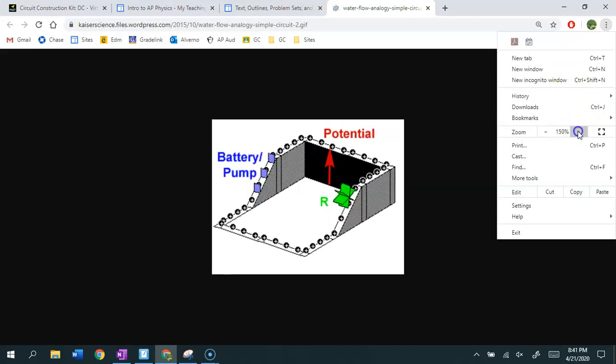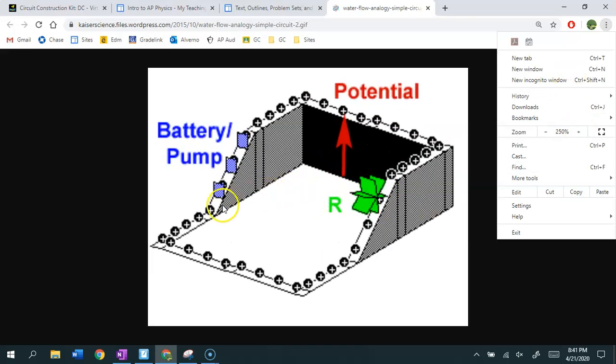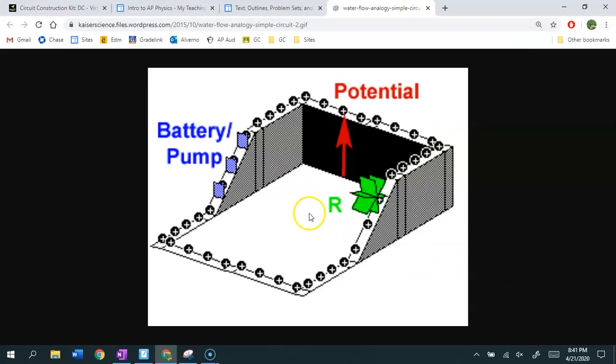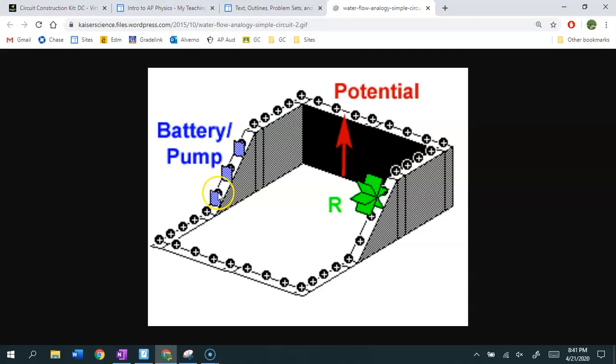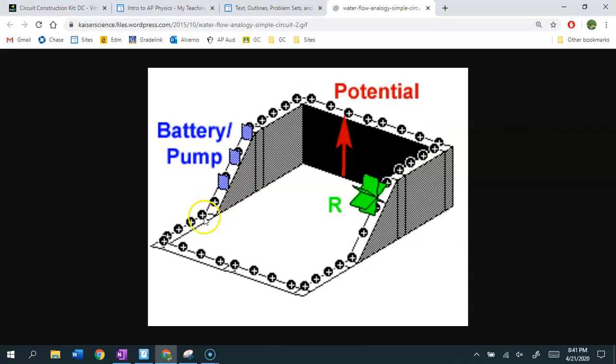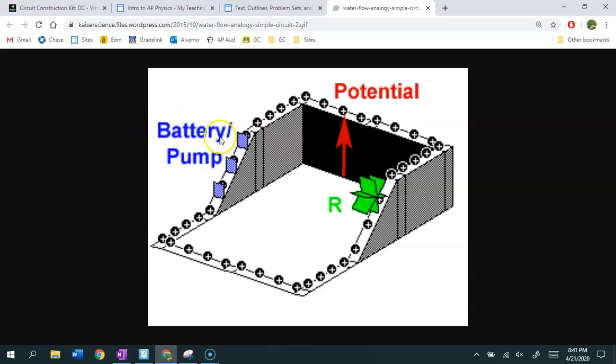All right, very good. This diagram took me a while to find, but it's a really good diagram. Basically what it's saying is there's a battery pump, like a water pump, and what it's doing is taking these charges and raising them to the top. So that's what a battery does, okay?